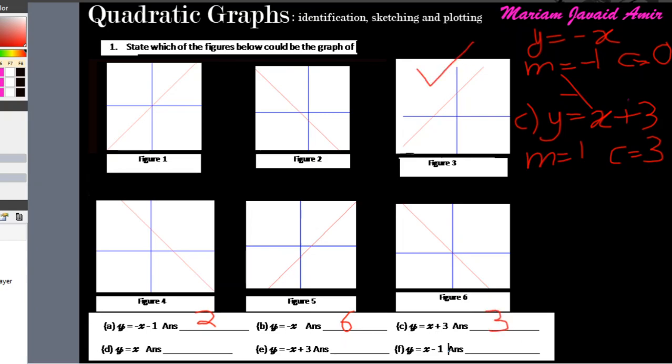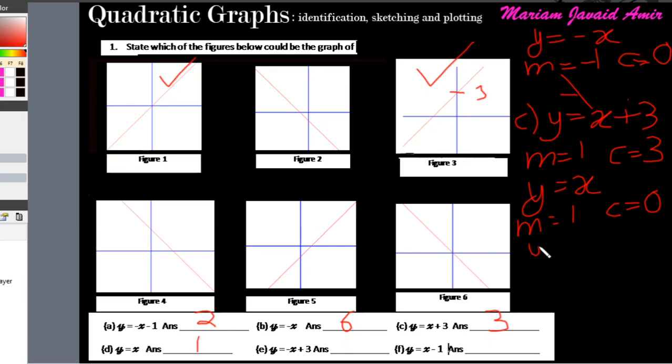It's a rising line and it's cutting the y-axis somewhere over here at 3. Okay. Then we have y = x. The slope is 1 and c is again 0. So a rising line that cuts the y-axis at 0. So this is the line. So the answer for part D is 1.